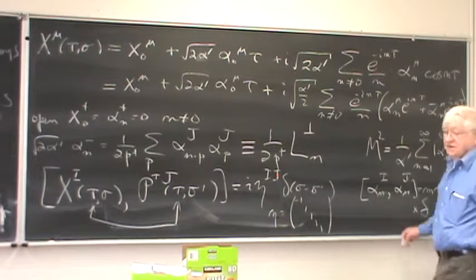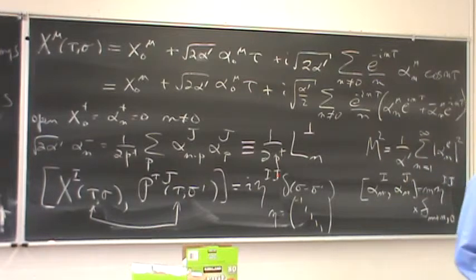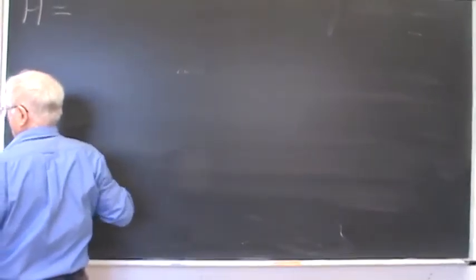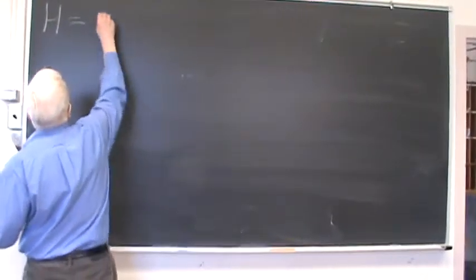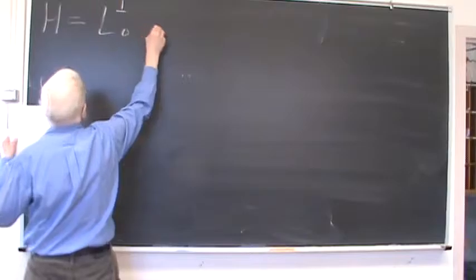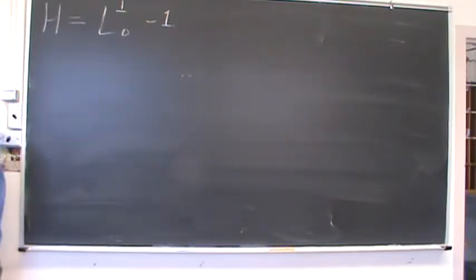Now, in this case, one is able to write down a Hamiltonian, and the Hamiltonian is the quantum version of the Virasoro operator, the L_0 quant, minus 1. And so this is a pretty remarkable relation.